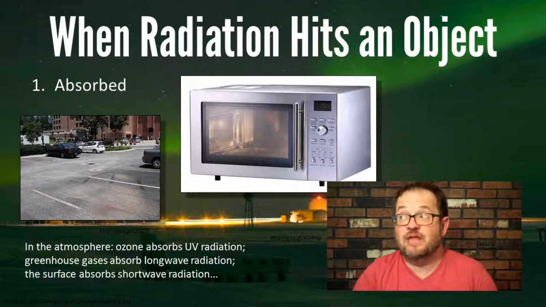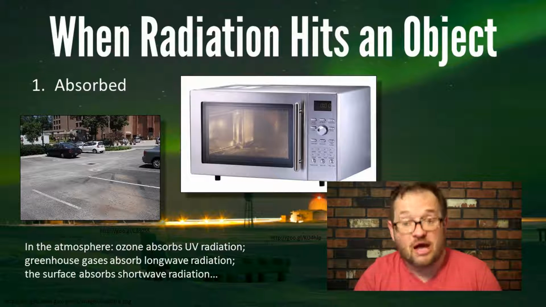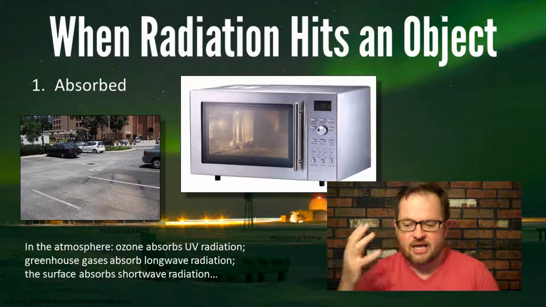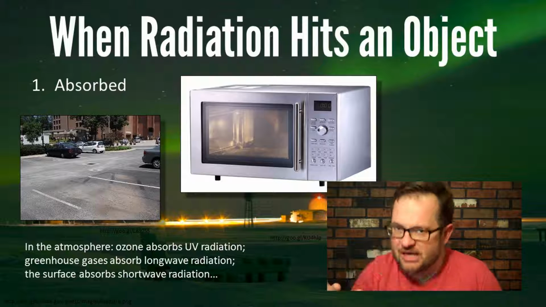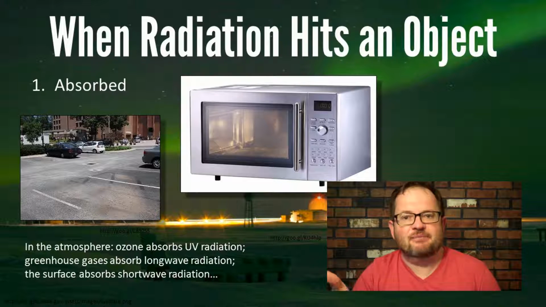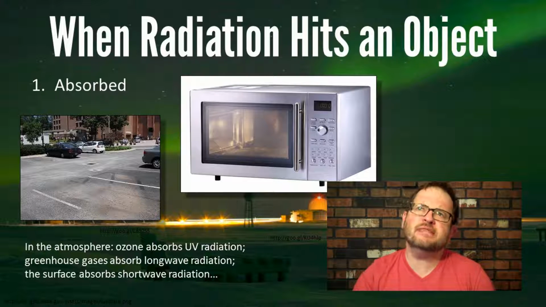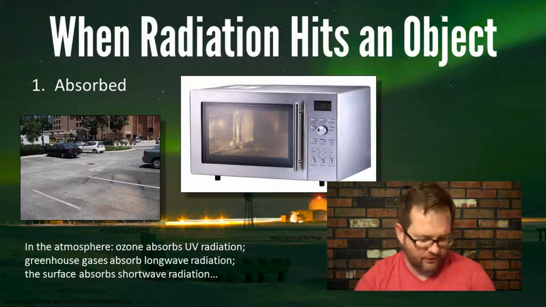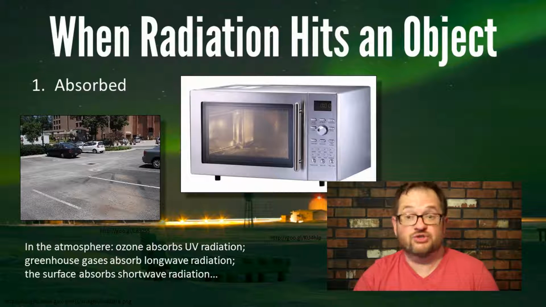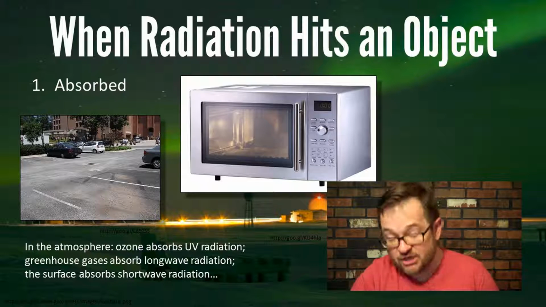We saw an example of that with a hot parking lot where the sun was shining on the parking lot. The parking lot was absorbing the radiation and increasing the temperature of the surface of the asphalt. If we think about that in the context of the atmosphere, ozone absorbs ultraviolet radiation.